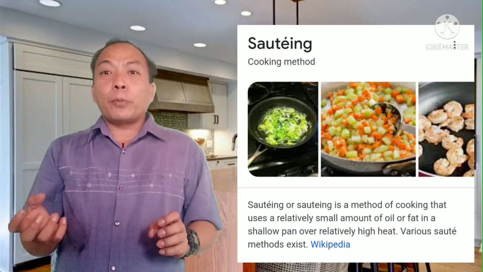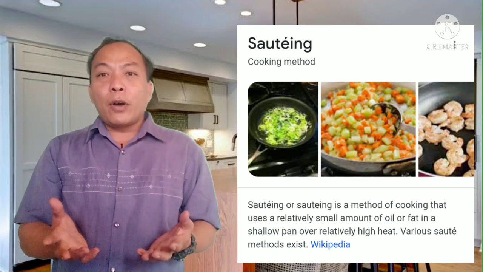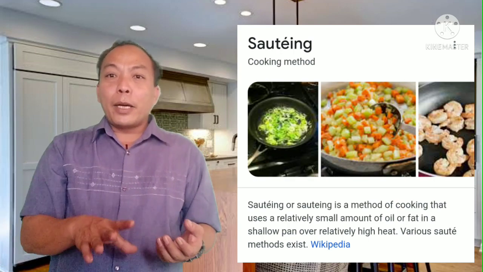But if you put a small amount of oil with other ingredients like vegetables, then you add milk, or soy sauce, and the final product is no longer a dry heat method. It becomes a moist heat method. Why? Because you add liquid to your saute.